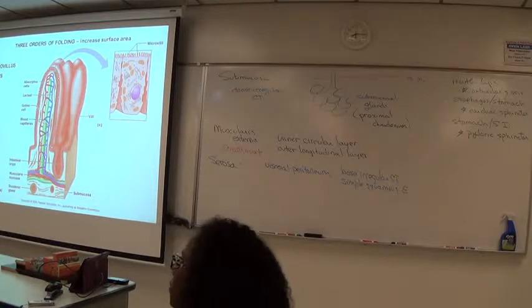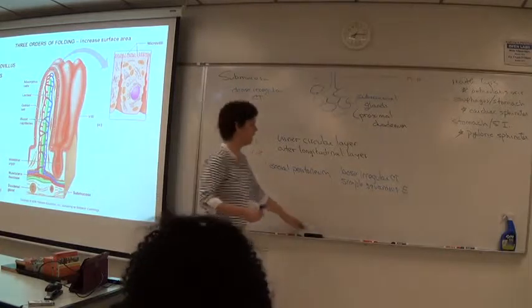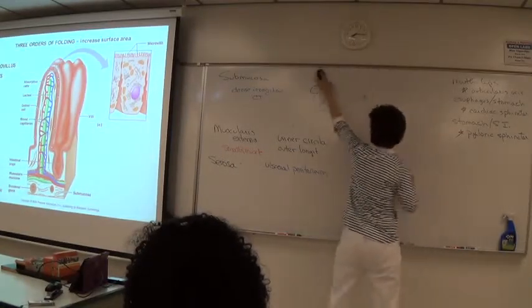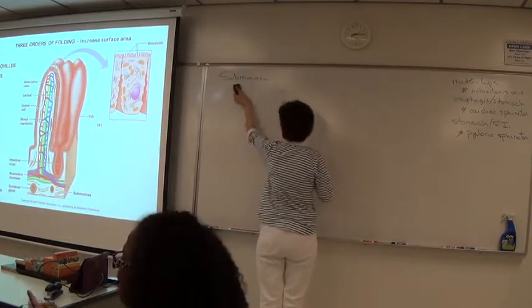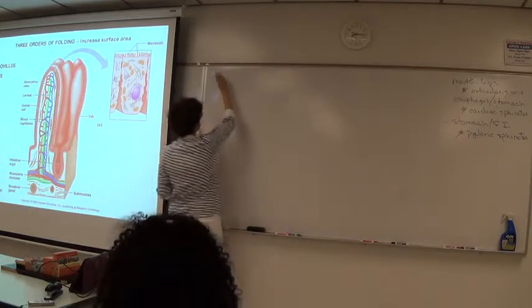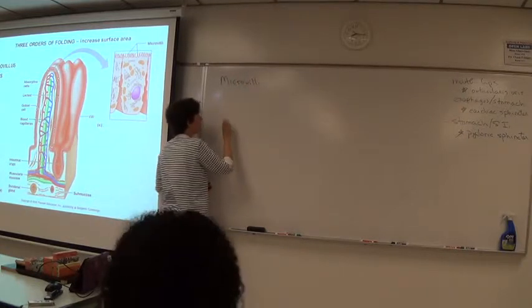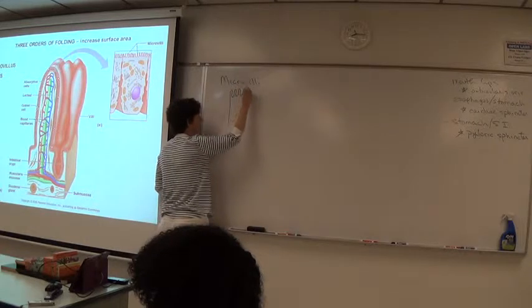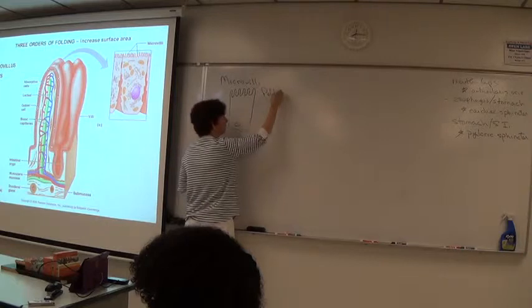And so they have a core of actin and create an increased surface area through the microvilli structures. Folds of plasma membrane.